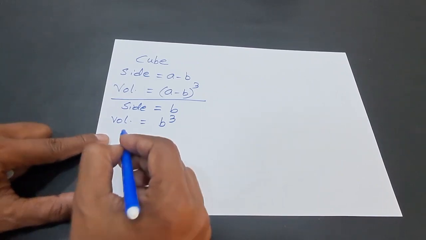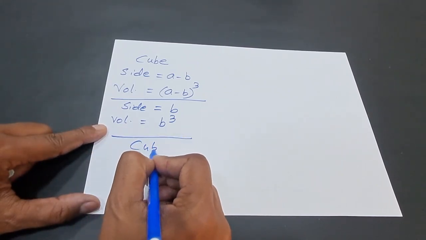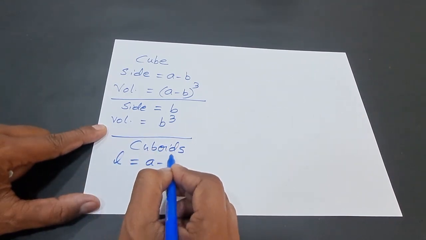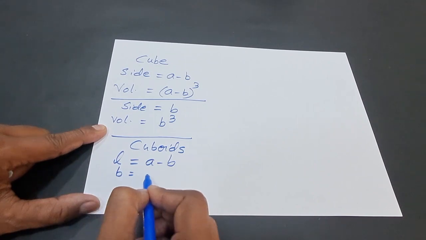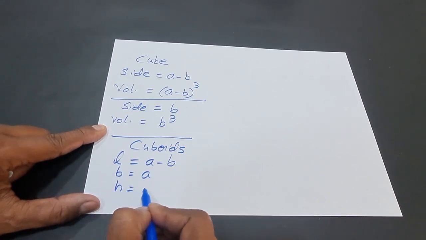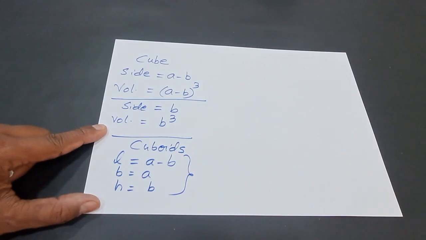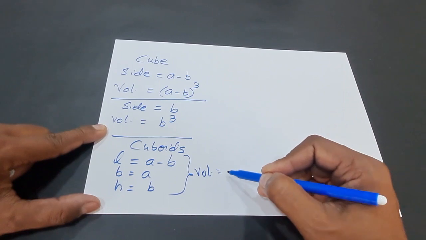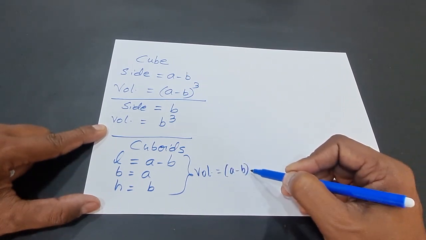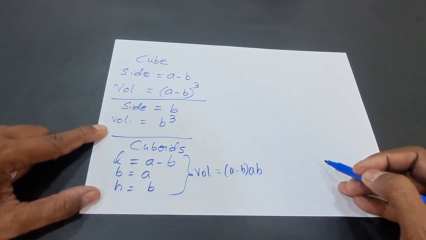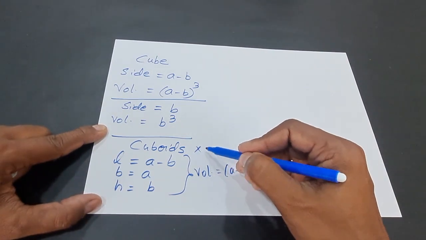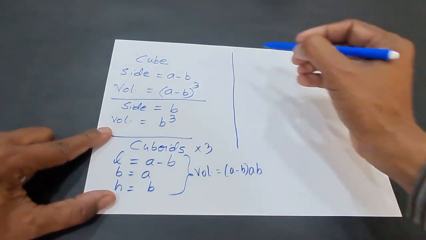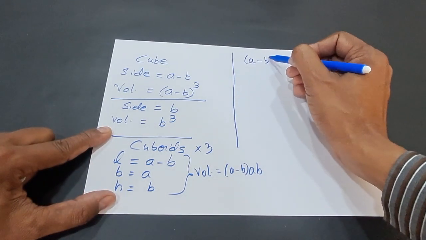After this, you require some cuboids, and these cuboids will have the length a minus b, the width a, and the height b, and therefore using these dimensions, the value of the volume will come out to be (a minus b) times a times b. We require three such cuboids to reach the identity (a minus b) whole cube.